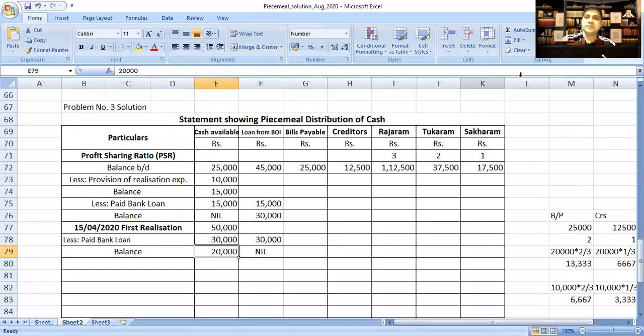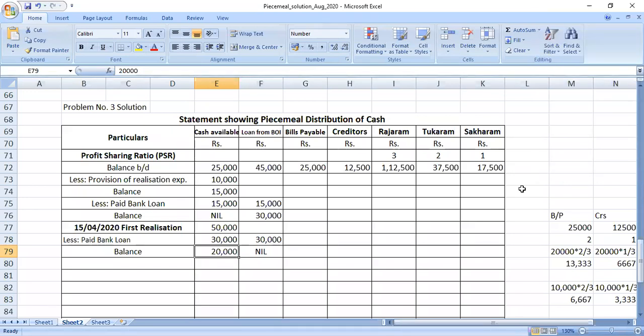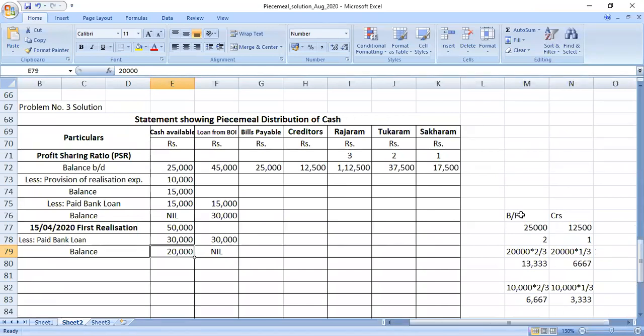Now it is very simple to do. What we have to do is find out the ratio of bills payable and creditors. Bills payable, how much amount do we have to pay? 25,000, and creditors, how much amount do we have to pay? 12,500. Now this 20 cancels, 25 and 125.